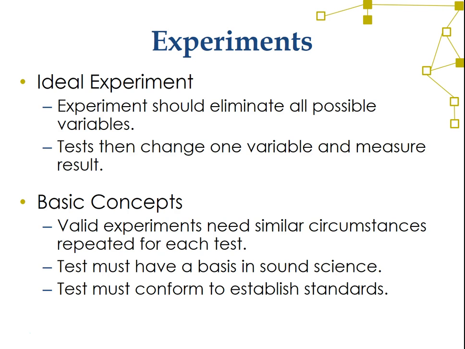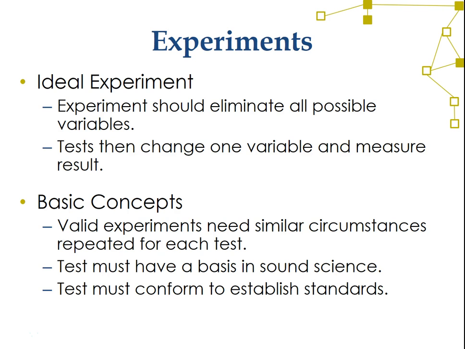Now, the basic concepts, again, are that valid experiments need similar circumstances repeated for each test. The test must have a basis in sound science, and the test must conform to established standards. And all the standards for things like this, again, are found under the FRE, those Federal Rules of Evidence.